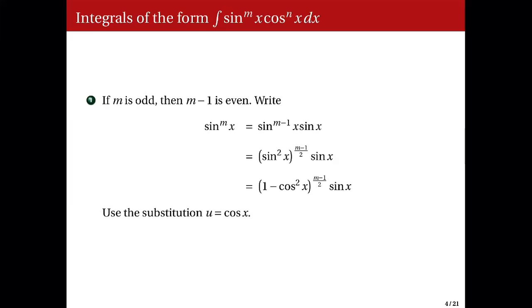So here you will have 1 minus u squared raised to this. And then du is just sine x, or negative sine x, whichever is the correct one. The derivative of cosine is negative sine.